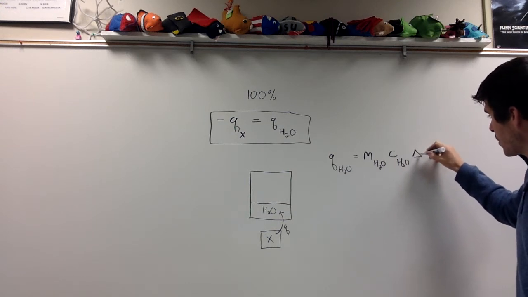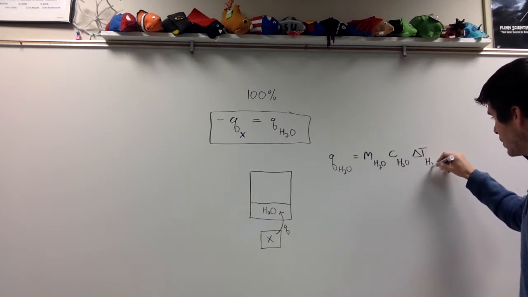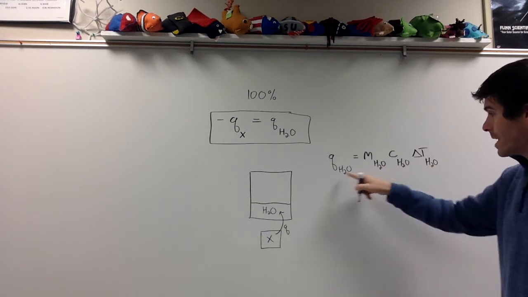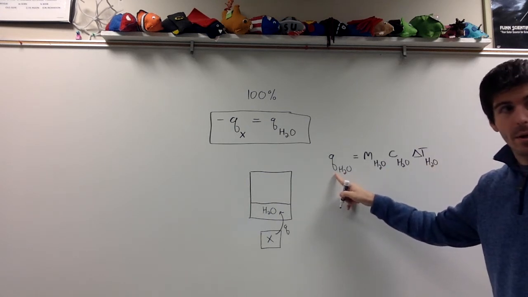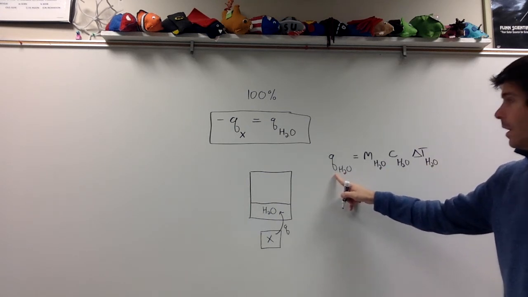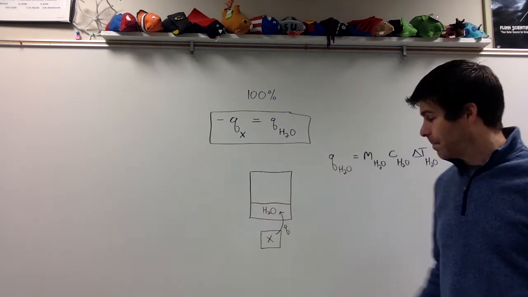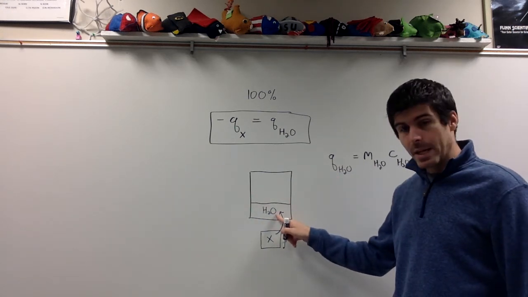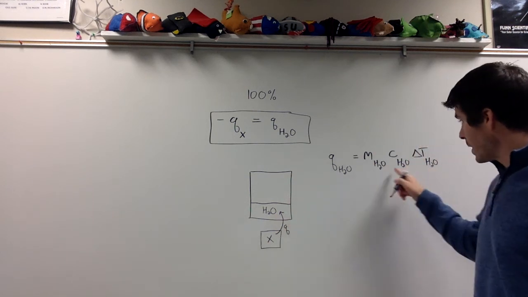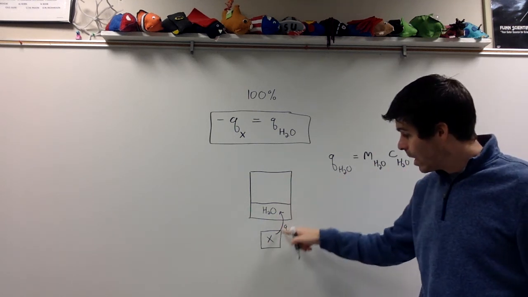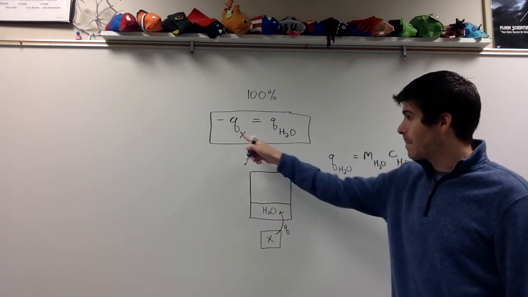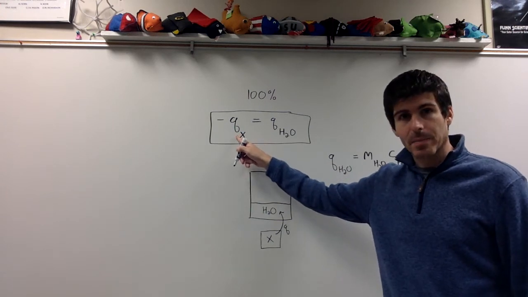We can put a thermometer in and measure the temperature change of the water. Then we know the amount of energy that was in the water. So we backtrace it. We capture all of the heat in the water, which we can calculate, and then we know how much energy came out of substance X.